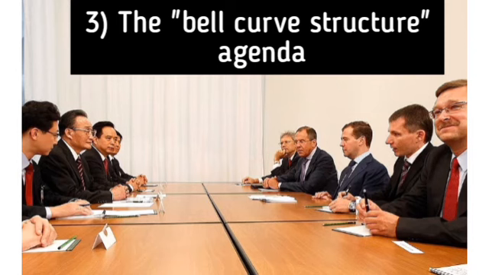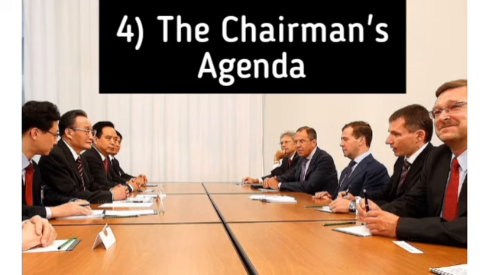The structure may, however, not always be workable because of the peculiar rules of some organizations or the requirements of the law. The next type of agenda is the chairman's agenda.